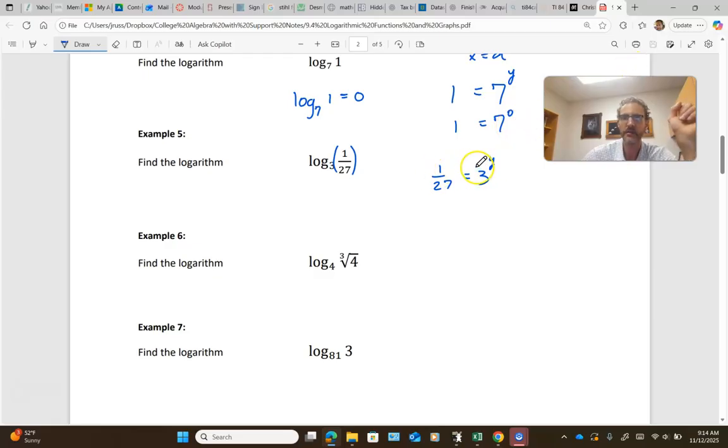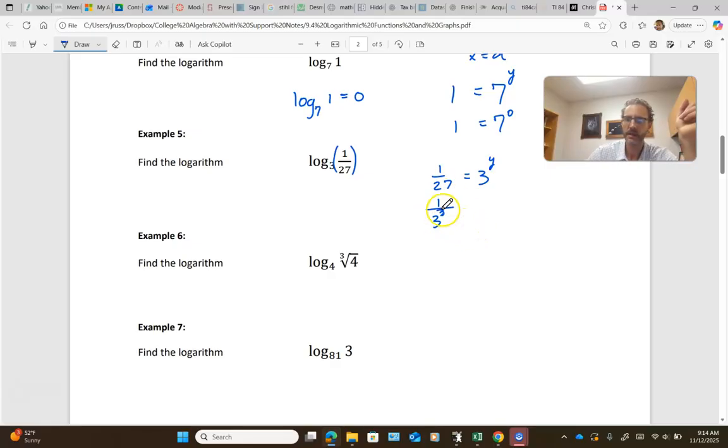So the first thing I notice, and this is probably just from being a math teacher for years, is that 27 is actually a power of 3. 27 is the same as 3 to the 3rd power. So I could start by saying, I can express this as 1 over 3 to the 3rd, because 3 to the 3rd is 27.